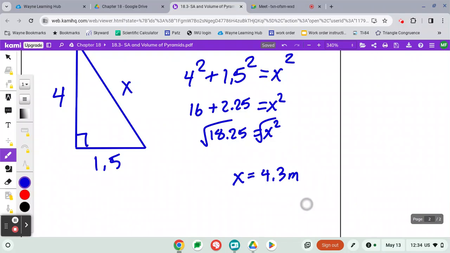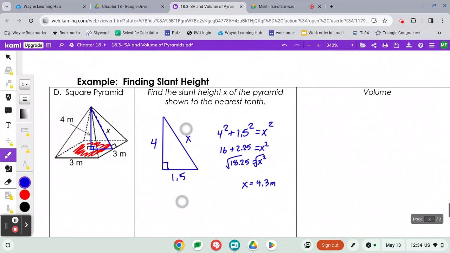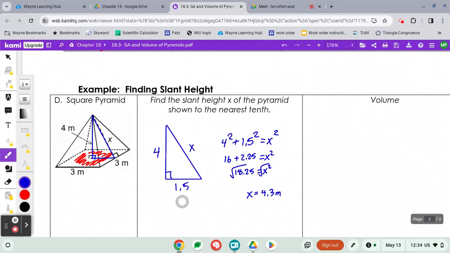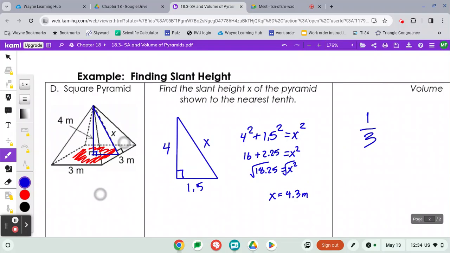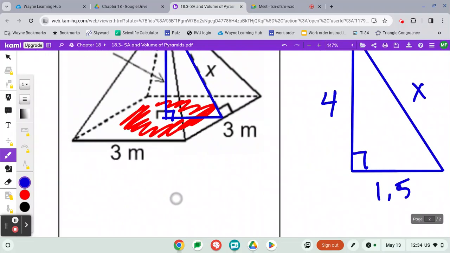All right, last thing before we wrap it up. Over here on the right, the volume. Well, remember our volume is 1/3 times the area of the base. We never found the area of the base. What is the area of my base? 9. 3 squared, right? Or 3 times 3.